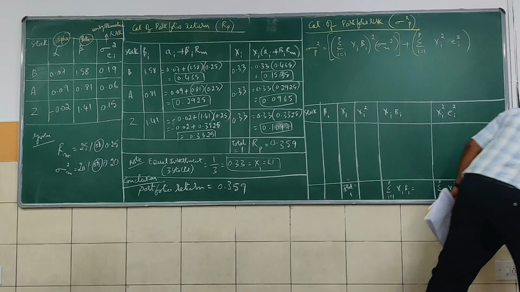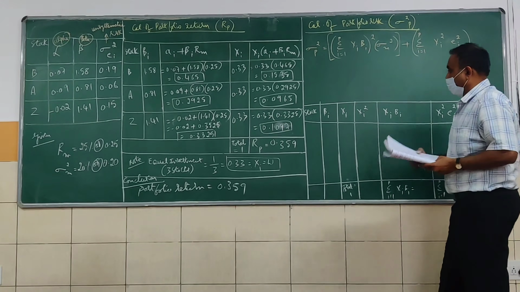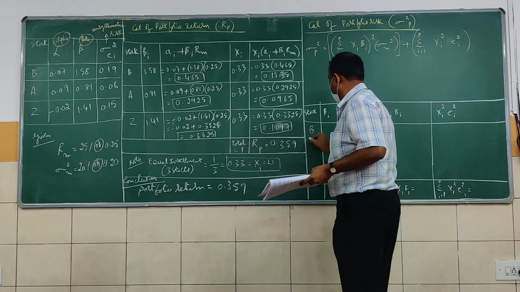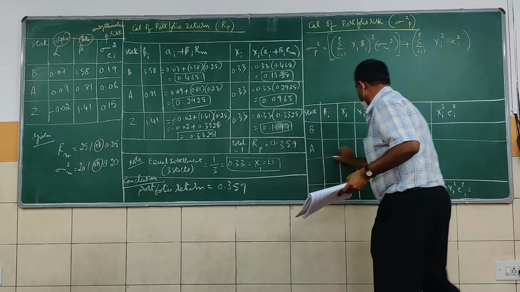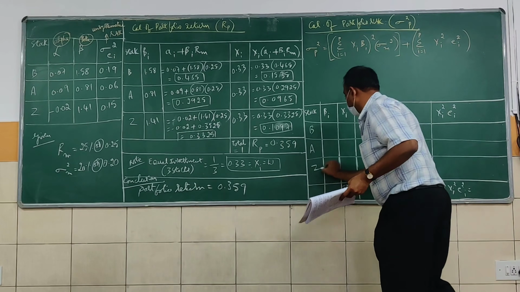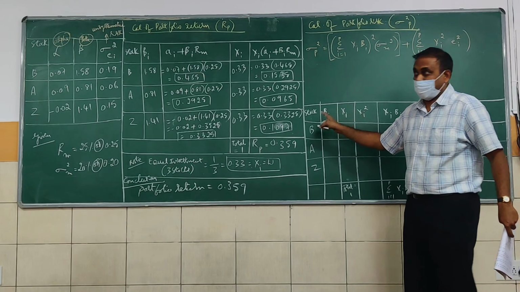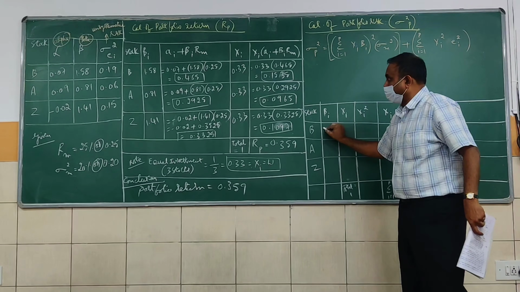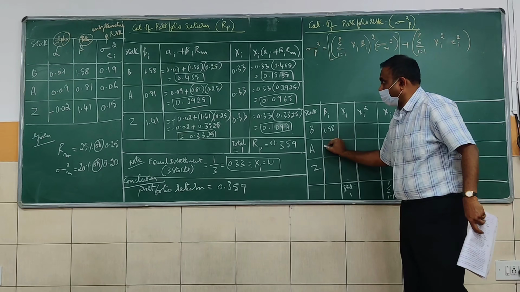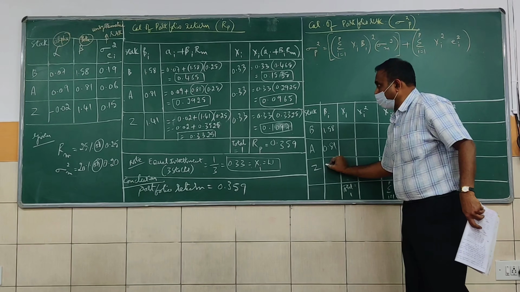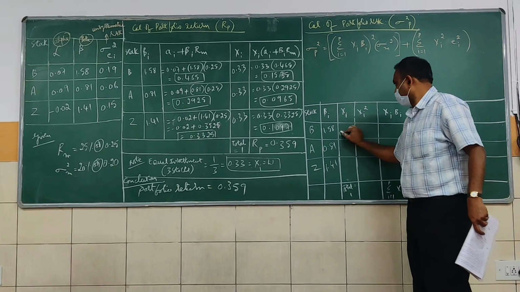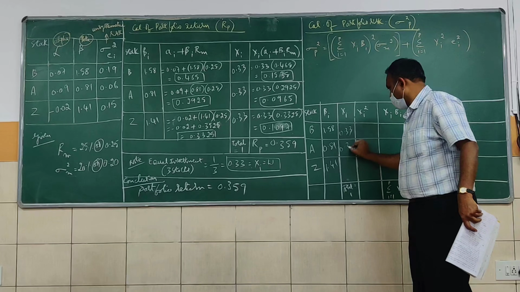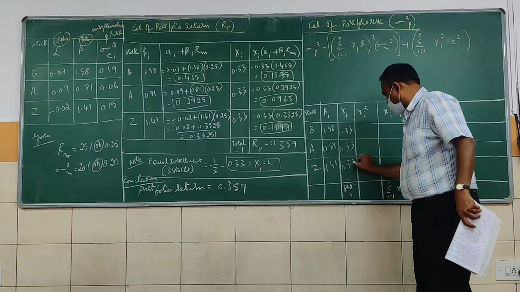Okay, so let us try to work it out here. Stock A, stock B, stock Z. Do we have beta? 1.58, 0.81, 1.4. Do we have Xi? Yes, sir. 0.33.